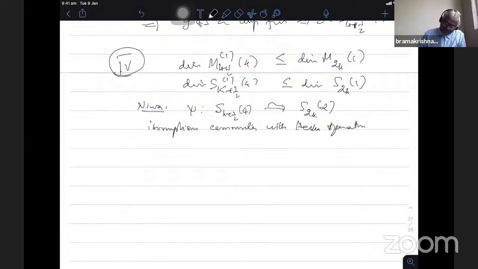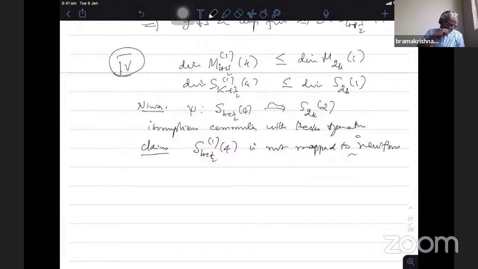So the claim is S_{k+1/2}^+(4) is not mapped to the new forms. So I'll assume this one. Now, proving everything is difficult.